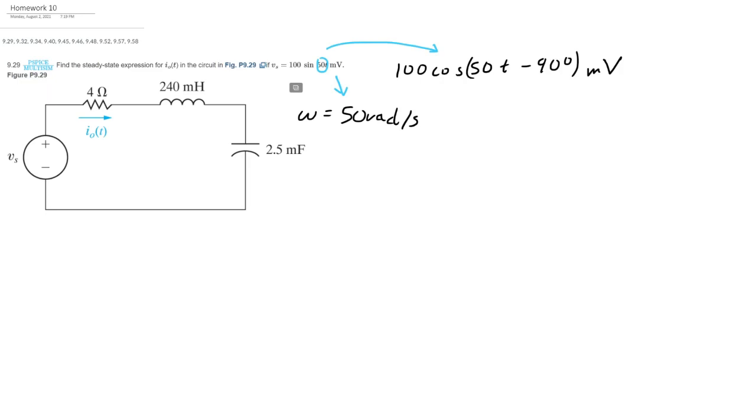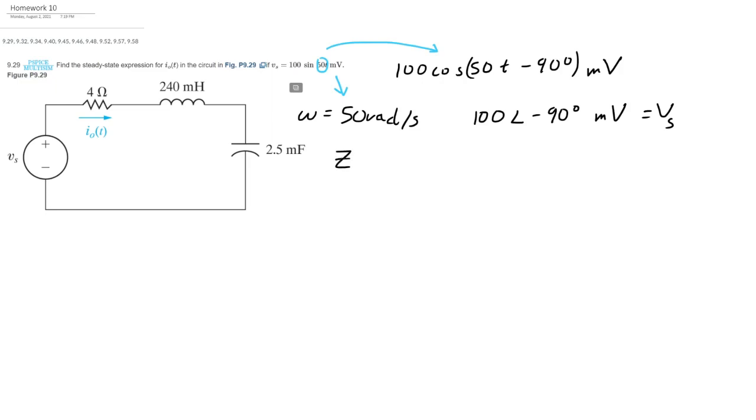So we're going to go ahead and convert this to a phasor. This is going to be 100 at minus 90 millivolts. So that's going to be our Vs. Now we need to find the impedance of the circuit.